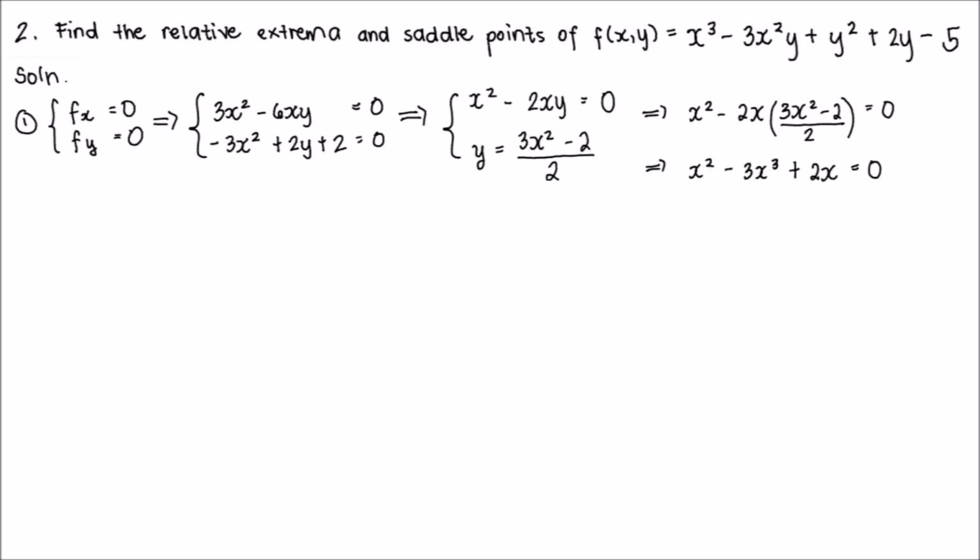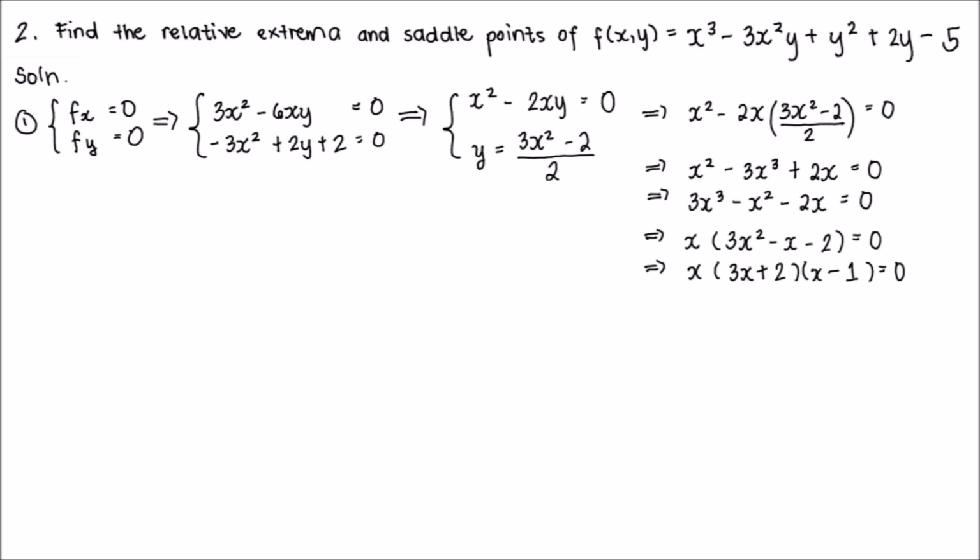And just to make our equation nicer to look at, multiply both sides by negative 1 and arrange the terms by decreasing order. All terms have x, so let's factor out x. Then factor the second term as the product of 3x plus 2 and x minus 1. And so the values of x are 0, negative 2/3, or 1.